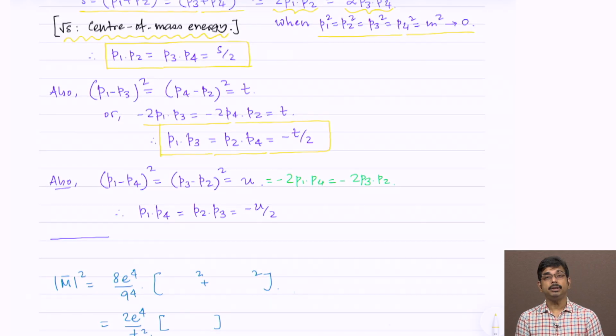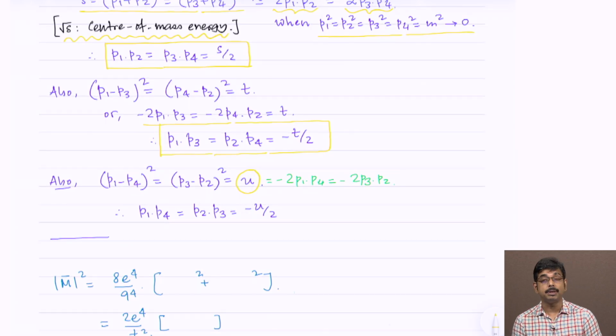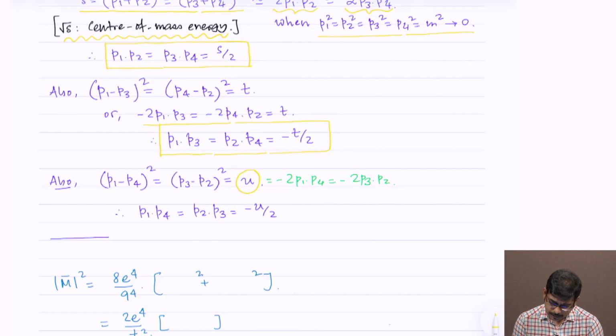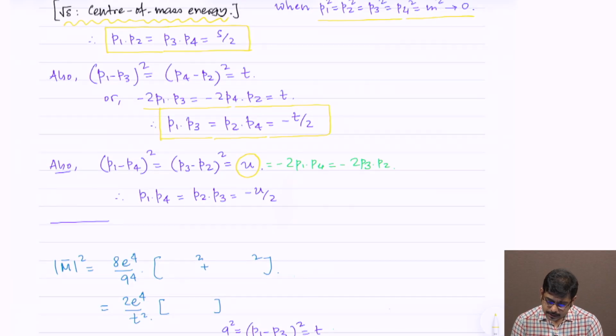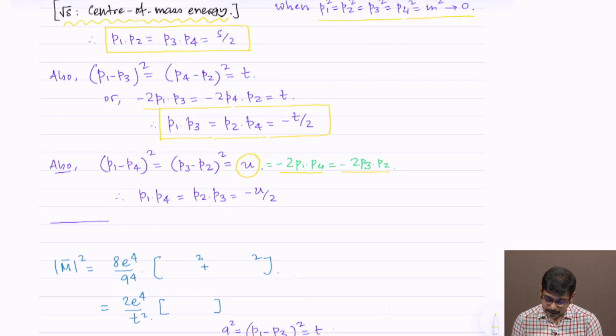And the other variable that we didn't introduce here is another Mandelstam variable, which is (P1 minus P4) whole square, and which will be (P3 minus P2) whole square. This will easily stem from the fact that P1 plus P2 has to be equal to P3 plus P4 from the energy momentum conservation. So this will be equal to minus 2 P1 dot P4, which is equal to minus 2 P2 dot P3 in the massless limit, right.